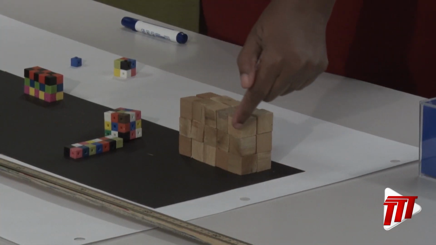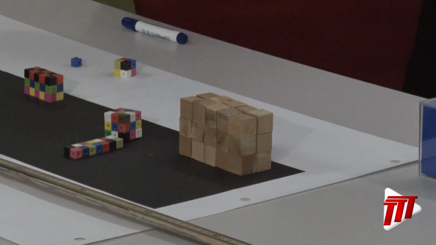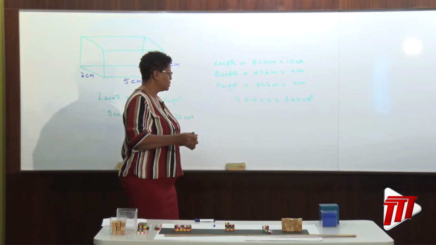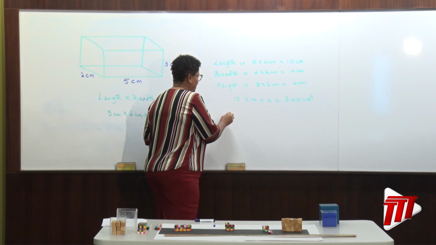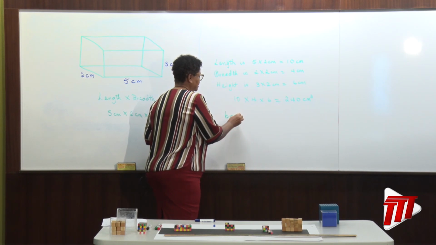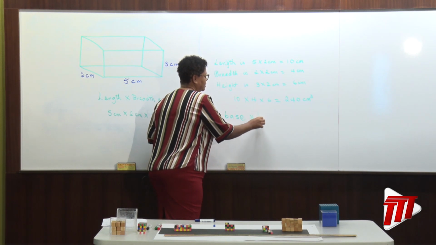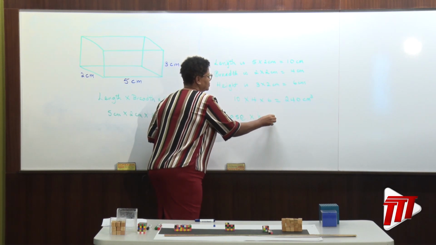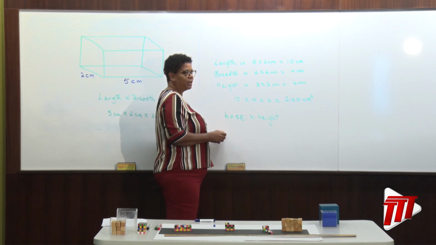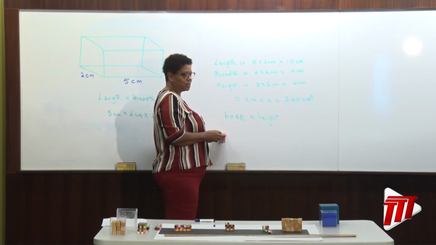At the base, we have 5 multiplied by 2, which is 10 cubes. So we have the base multiplied by the height. And we are looking for the number of cubes.